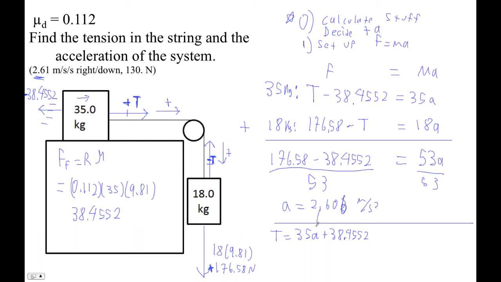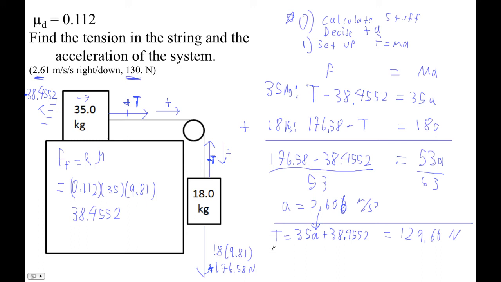So if I plug that acceleration in there, right, if I go 35 times the answer I've got plus 38.4552, I get the tension is 129.66. Okay, so what I typed in here was 35 times 2.606 plus 38.4552, and I got this for my tension, right, which agrees with this.